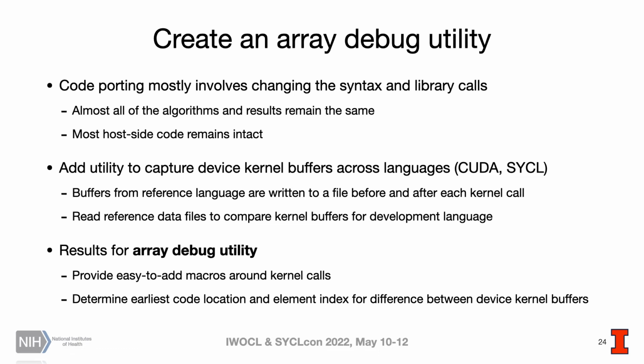Then the development language implementation reads the reference data files, comparing its kernel buffers against an expected result. This array debug utility provides easy-to-add macros around kernel calls and determines the earliest code location and element index for differences between device kernel buffers.